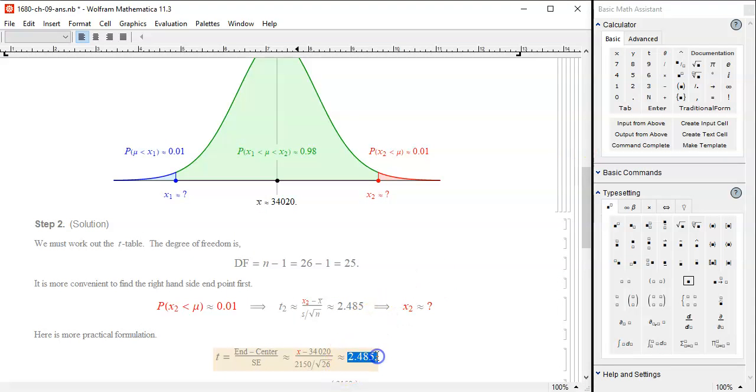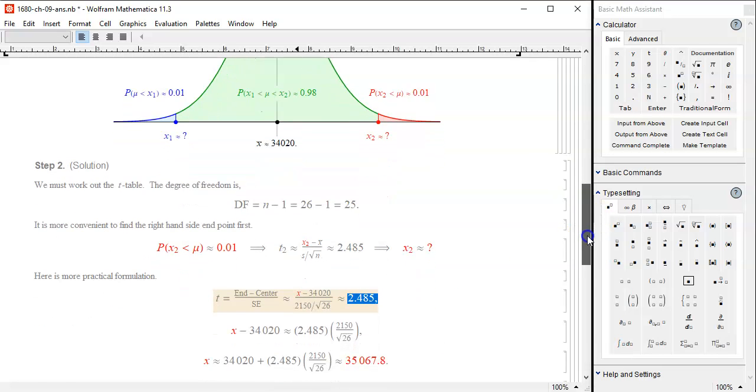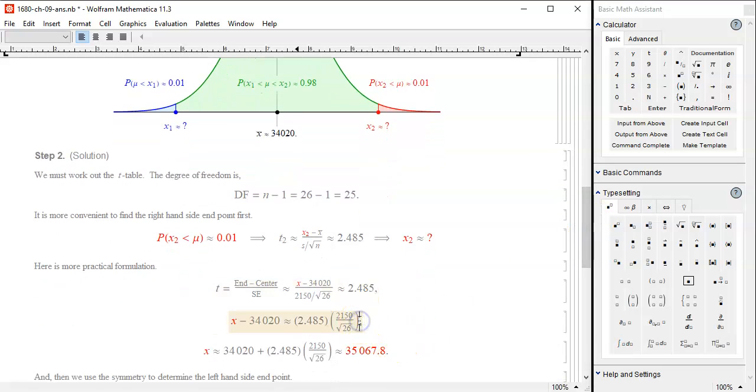That's how you get 2.485. Solving this equation, you're going to get the x value. First, flip the denominator, the standard error, to the other side. And second, flip the center to the other side, and we have this: 34,020 plus the t-score times the standard error, and you get this value.